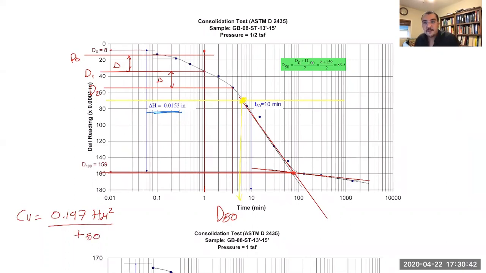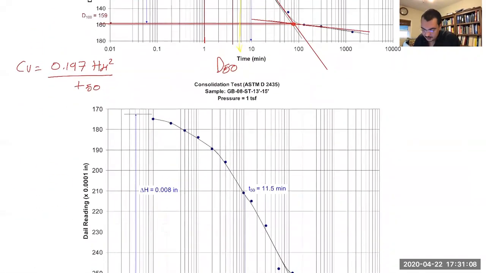And now you can calculate CV. And you can use that to approximate the time rate, or how long it will take to achieve whatever consolidation your project wants to achieve, or what is the settlement that you can tolerate in your specific project.